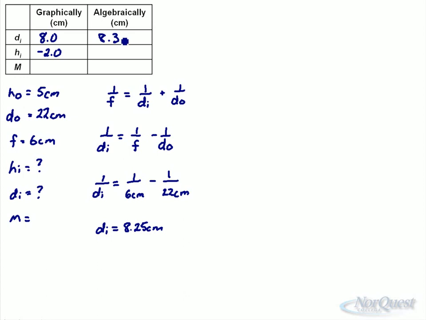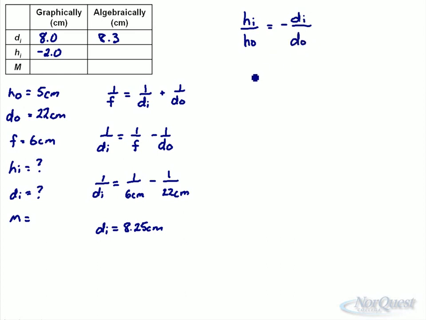Now that we've got di, do, we could go find hi. So hi over ho equals di over do. It's the other formula on our sheet.